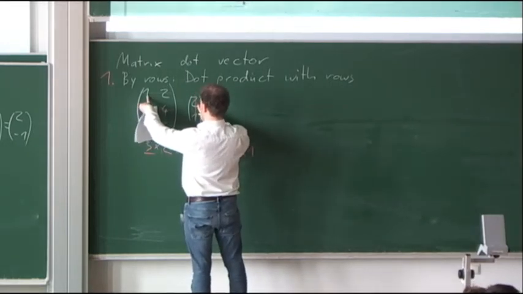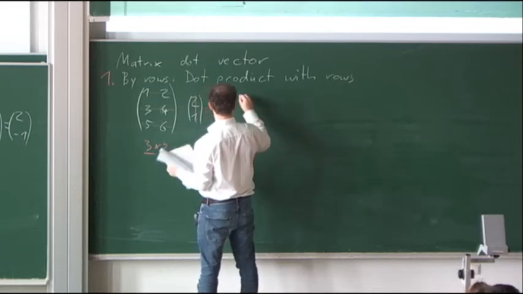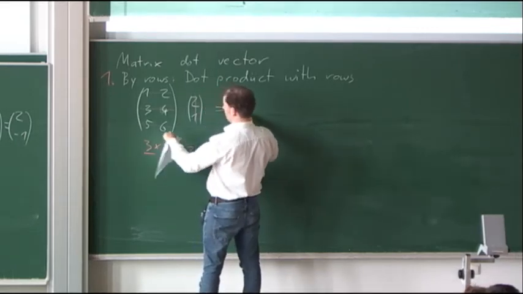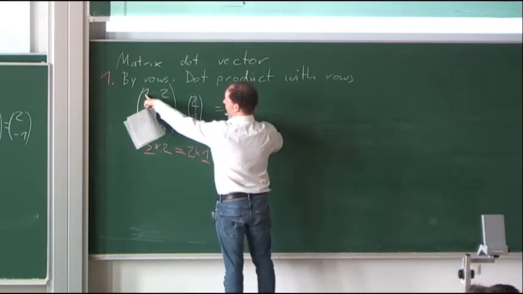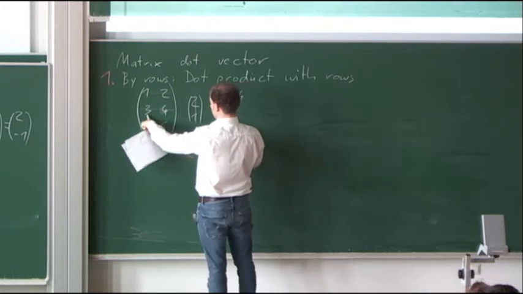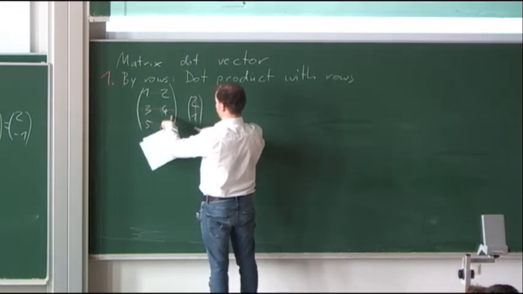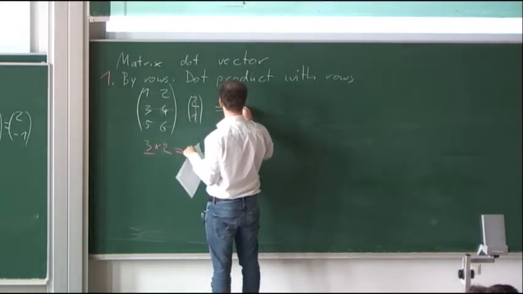So the result will be 1 times 2 plus 2 times 1, which is 4. The first entry of the result is the dot product of the first row with this column, and the second entry will be the dot product of the second row with this. So it will be 3 times 2 is 6, plus 4 is 10.